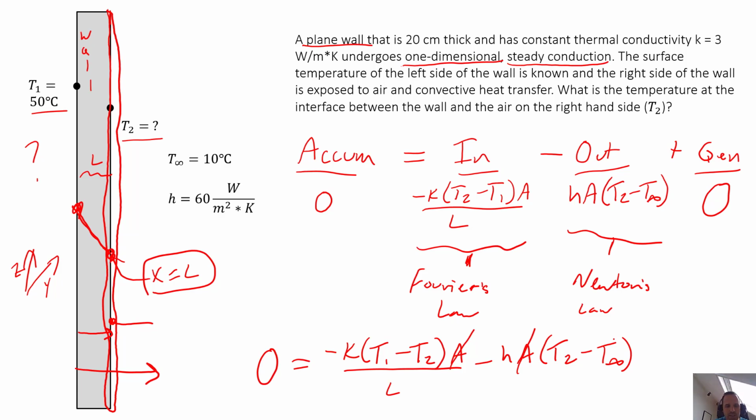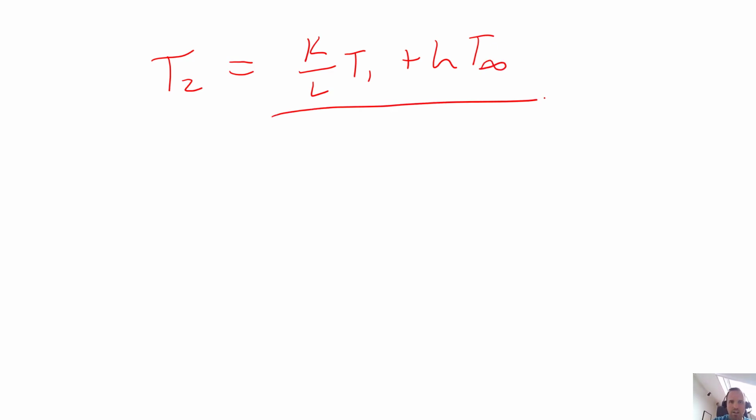I'm going to skip a lot of the algebra and just write our final equation after solving for T2. T2 is equal to (k over L times T1 plus h times T infinity) divided by (k over L plus h). This is just algebra from taking our energy balance and rearranging to solve for T2.